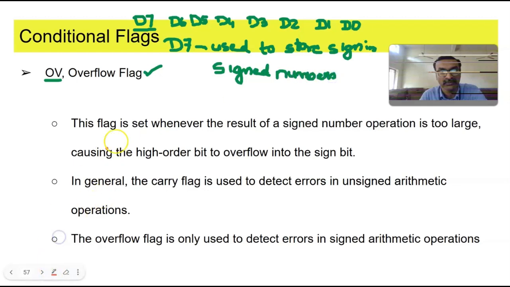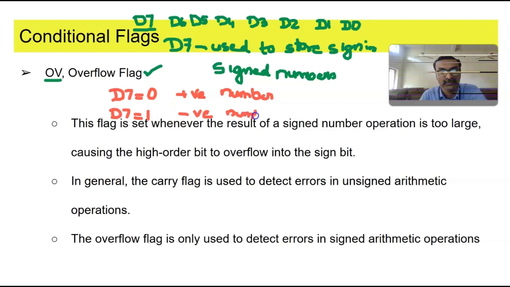So what you have to understand is this D7, if it is equal to 0, it means it is a positive number. And if D7 is equal to 1, it means that it is a negative number. Because when we want to store negative numbers, we have to use 1 bit for the sign.